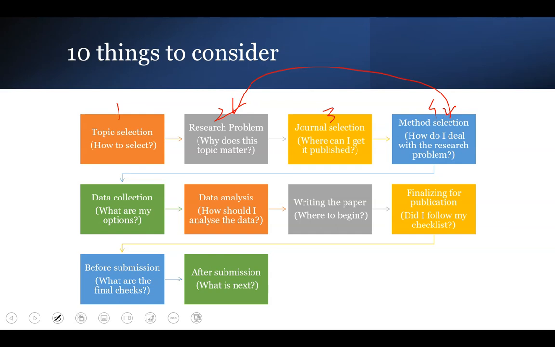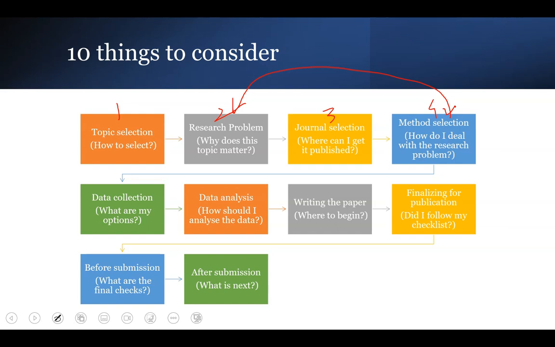That is why I have put research problem in number 2, because the problem that you identified should dictate the method that you are going to apply. If the problem is related to a global scale, it is more important that you try to provide evidence from a global scale.